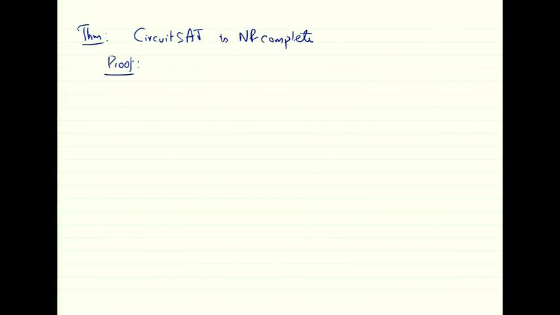The first thing is easy. You need to prove that it's in NP. I'll leave this for you to convince yourself that this is true. Okay, so that's the first thing.